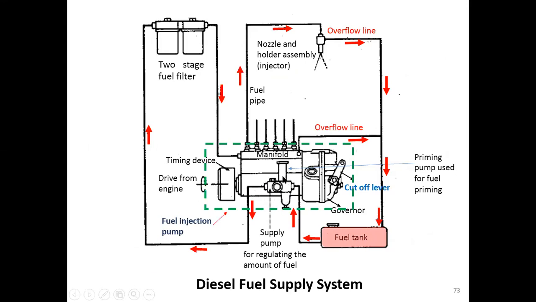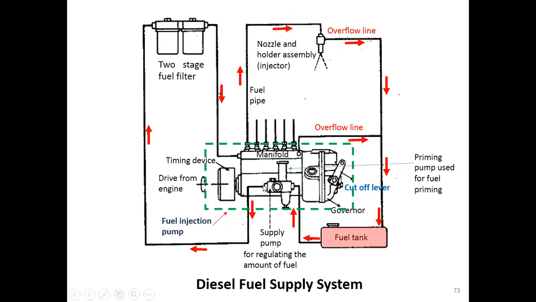This is the supply pump, where we have this portion to do the plumbing, because the fuel tank is lower than the supply pump. So we have to do the plumbing in order for the pump to be able to draw the fuel up from down here.